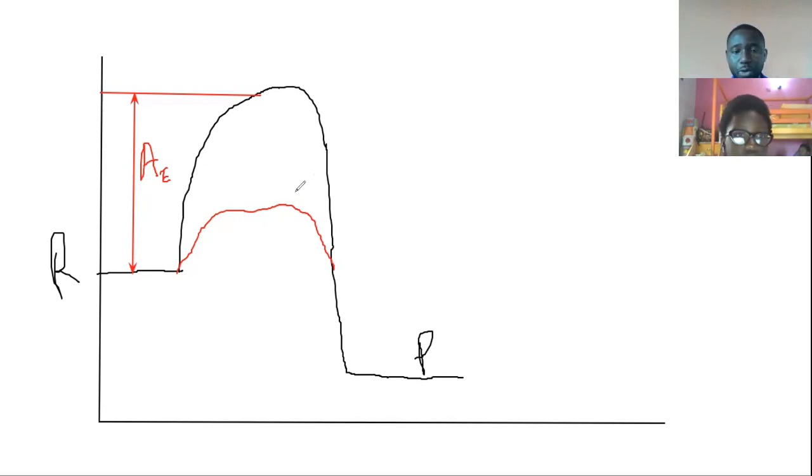At this stage now, this becomes the activation energy.